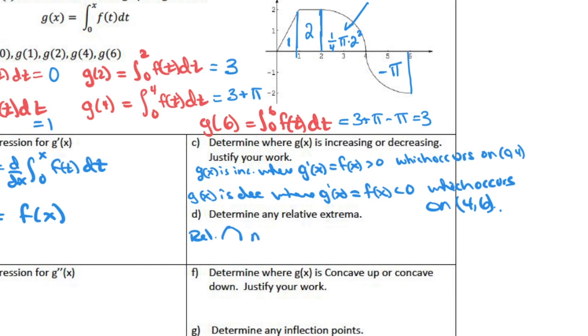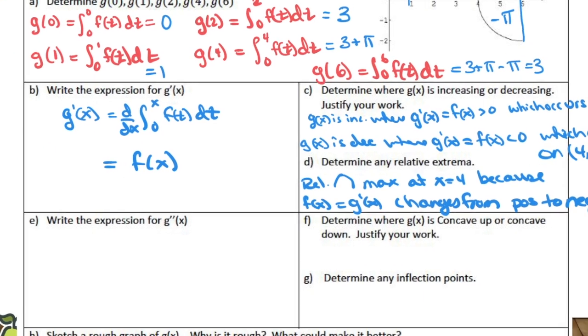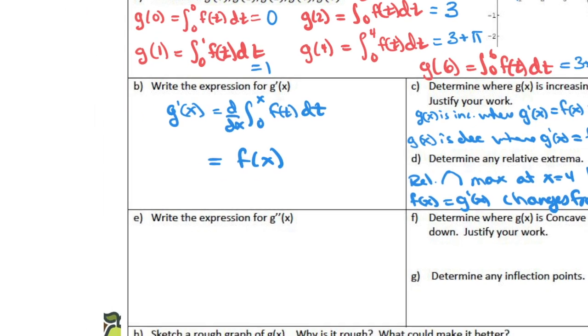So we have a relative max at x equals 4 because f of x, which equals g prime of x, changes from positive to negative. And that would be your first derivative test.